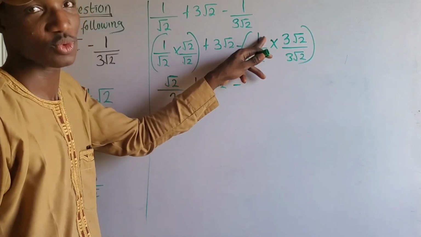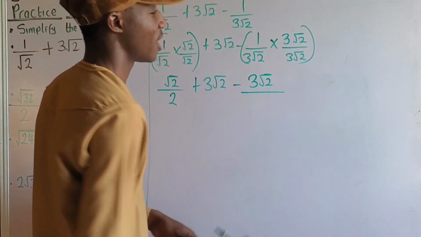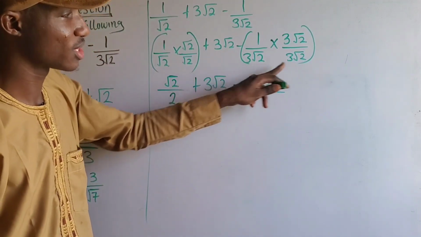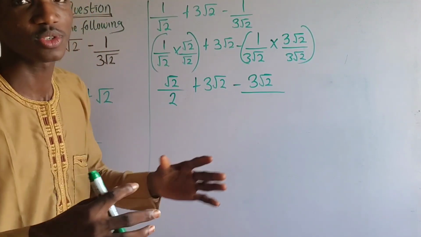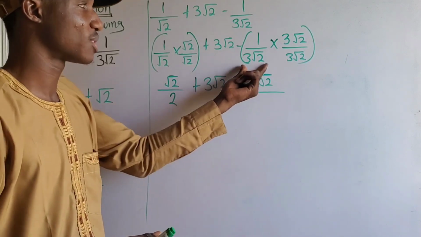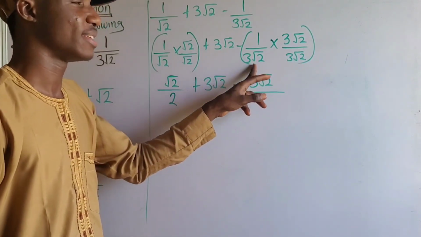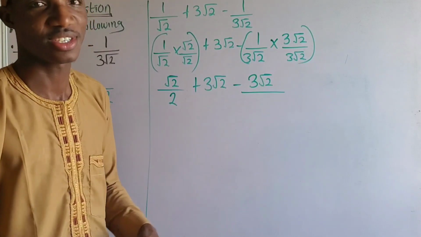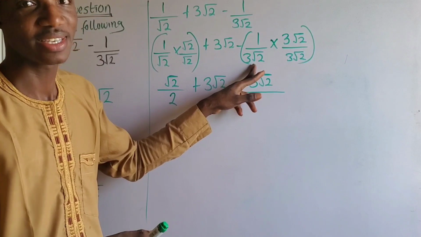3 root 2 times 1 is 3 root 2, right? So I'm going to have 3 root 2 here all over, now let's proceed, 3 root 2 times 3 root 2. In our previous class, I taught you how to take the product of two surds. The surd that you see here is a mixed surd, because it has both a rational part and an irrational part. The rational part of this surd is 3.